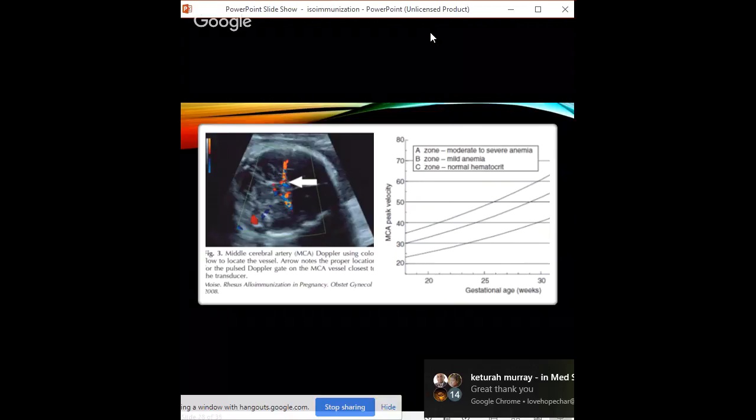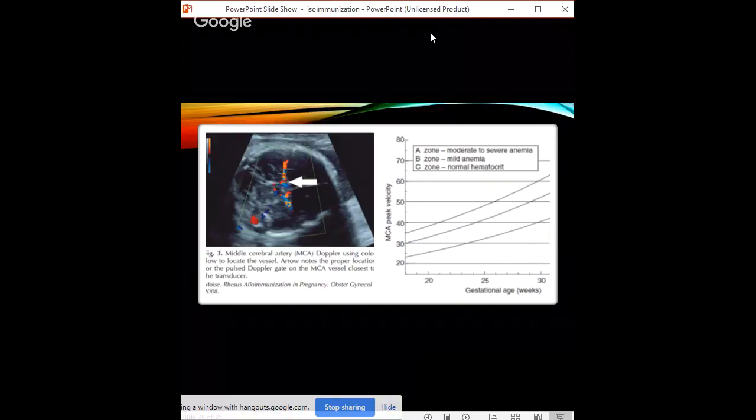So your exposure is your first pregnancy, your body mounts the immune response, but does not affect that pregnancy. You have your second pregnancy now, re-exposure, your body mounts the response in a quicker time using the IgG, which is smaller, that can pass the placenta, and that is what affects the fetus in the second pregnancy. A way I like to think about it is similarly to how vaccines work.